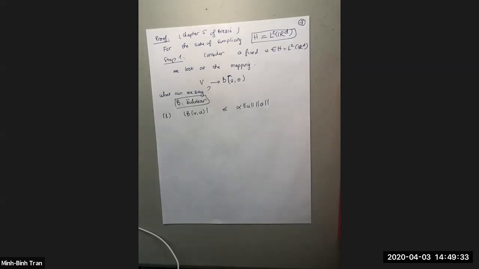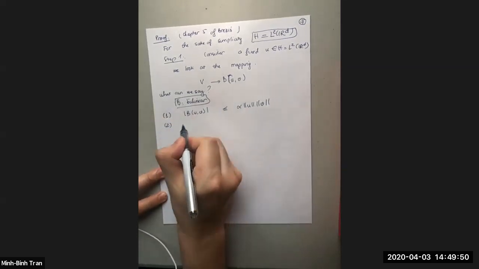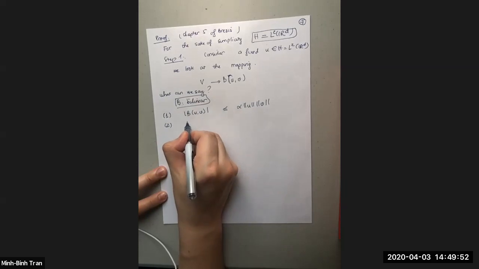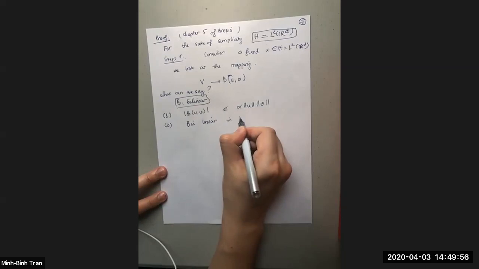Can you remind me what the definition of a bilinear form is? Sourab, yes. Sourab's answer is correct. So B is linear in both u and v.